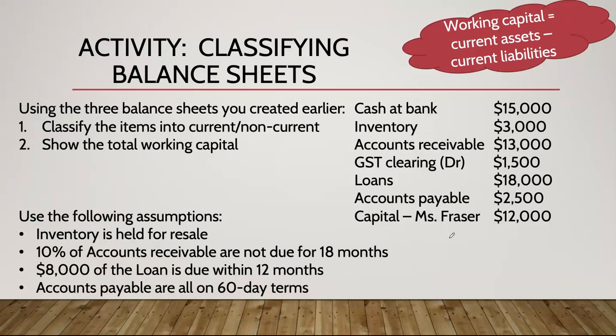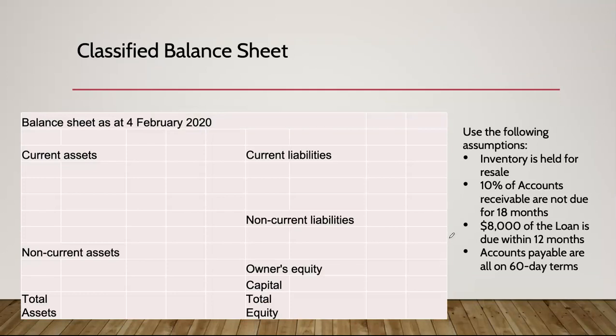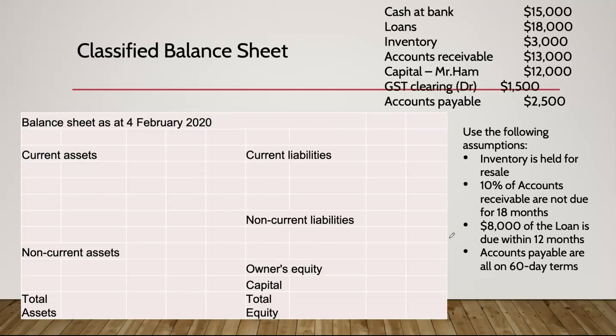You can see here that we have the same information. Cash, inventory, accounts receivable, all of the same information, although I think I've called this business Miss Fraser's business, capital. So it's like the same business, but the business owner is slightly different. And you can see here, unfortunately, I've changed it back to Mr. Ham, so we'll keep going with Mr. Ham.